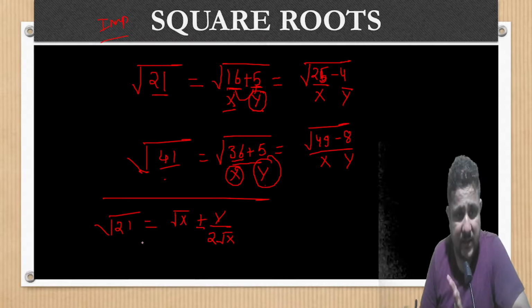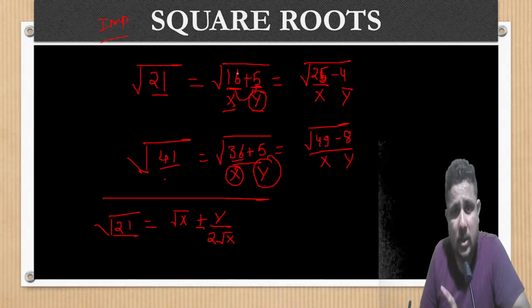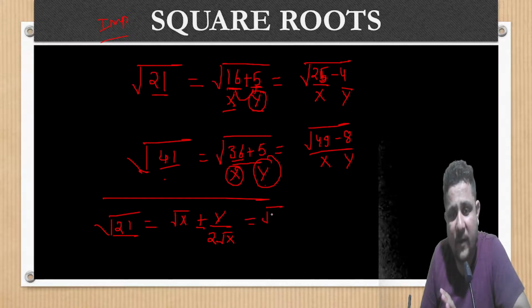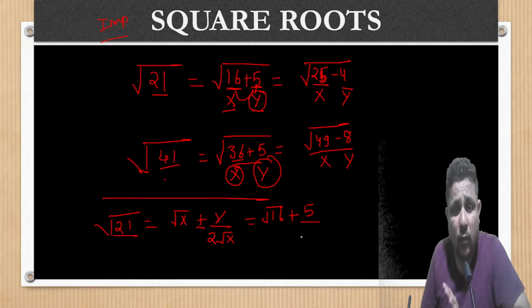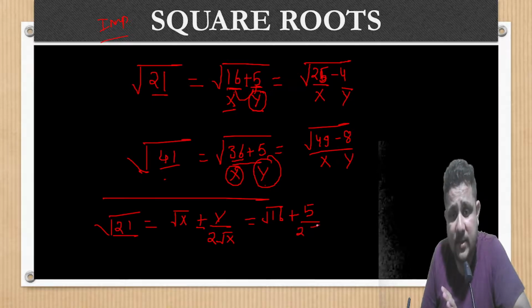Suppose you need to find the square root of 21. So we will take the first example. X is 16, so square root of 16 plus, because here addition is there, y is 5 divided by 2 multiplied by square root x, means square root 16.